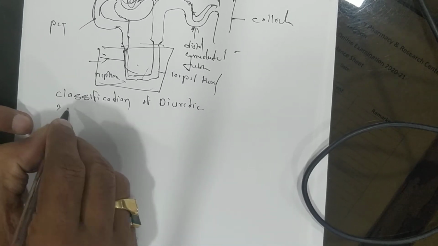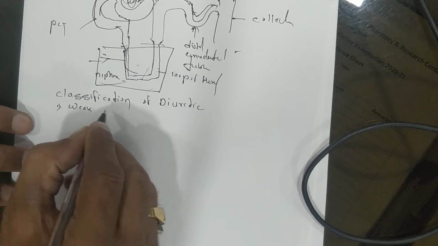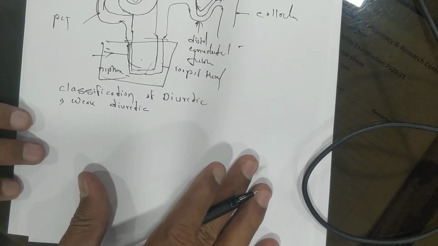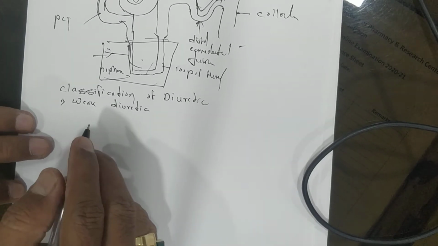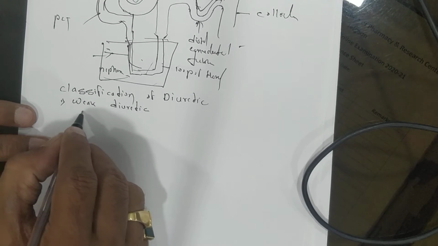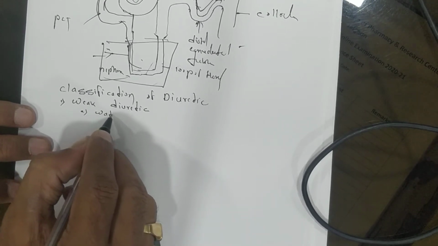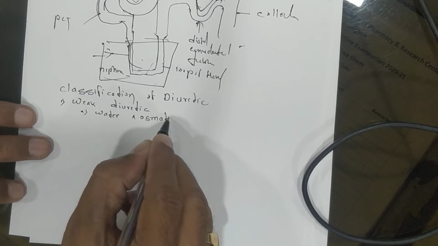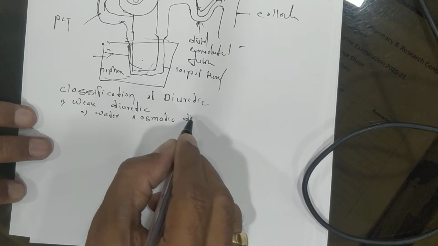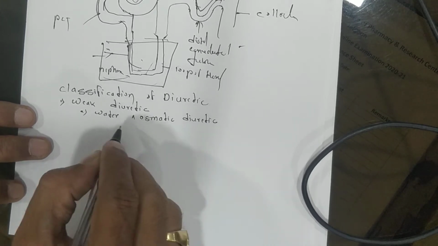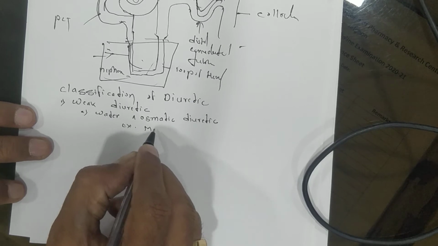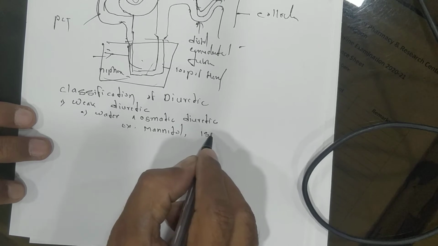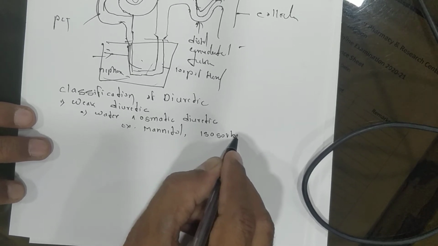Now first, weak diuretics. So many times the question asks: define diuretics and give its classification, for 4 marks. Now weak diuretics are again classified as follows. Water and osmotic diuretics. Examples: mannitol, isosorbide.